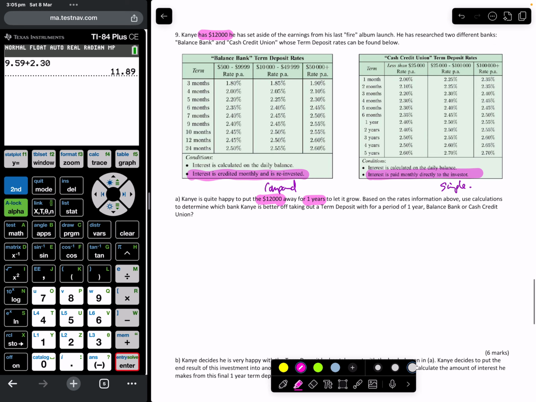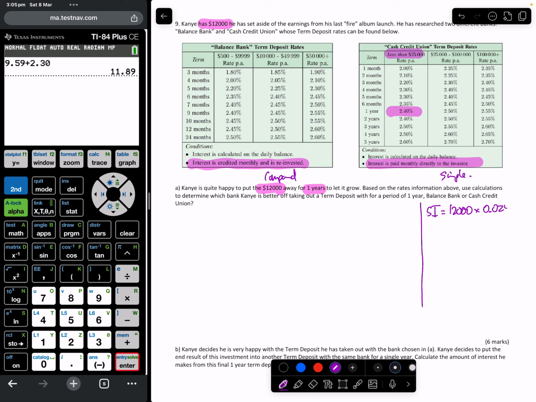So SI equals 12,000 times 0.024 times 1 year. 12,000 times 0.024 times 1 is 288 interest. Therefore, the total is 12,288 that his money is going to grow to if he goes with Cash Credit Union.